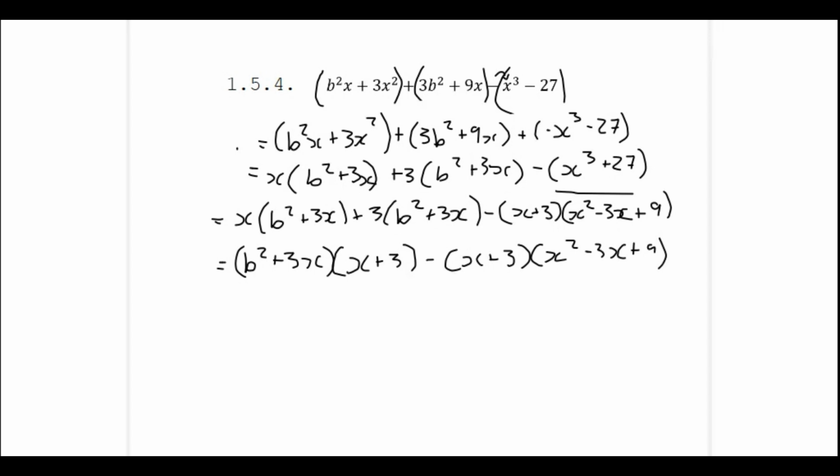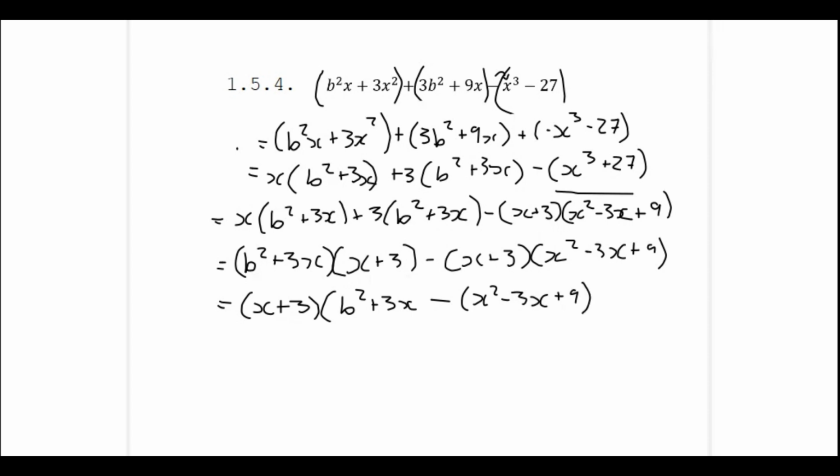And now we have one more common bracket, which is x plus 3, so we take it out, x plus 3, and what's left, b squared plus 3x minus bracket x squared minus 3x plus 9.